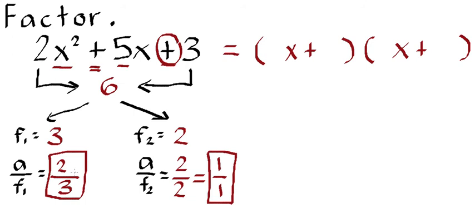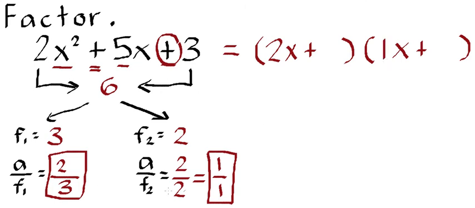Now, meron na tayong mga fractions na 2/3 at 1 over 1. Yung mga numerators, which are 2 and 1, yun yung ilalagay natin sa tabi ng mga x. So, etong 2 na ito, dito siya sa x. At etong 1 na to na numerator, dito siya sa pangalawang x.